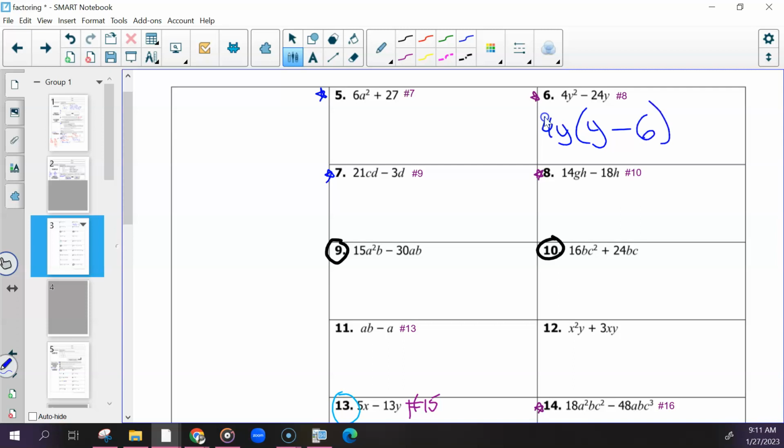It's okay. When you end up with more variables, you can distribute it back out. You should get the same thing. 4y times y is 4y squared. 4y times negative 6 is negative 24y. So that does work. Questions on that one? Let's do 8. Highest number, and then variable, and which.